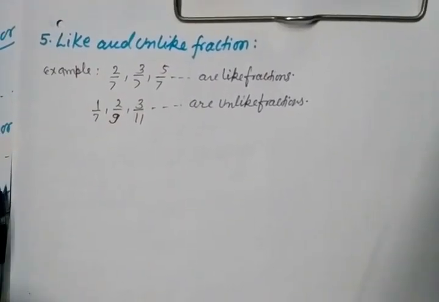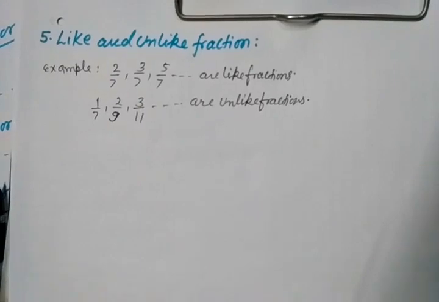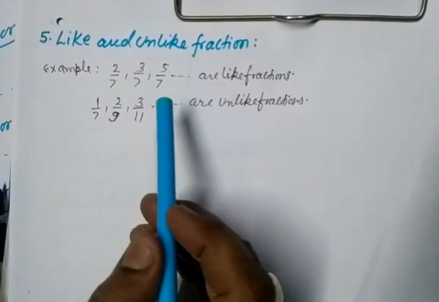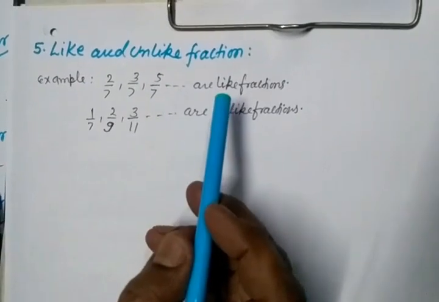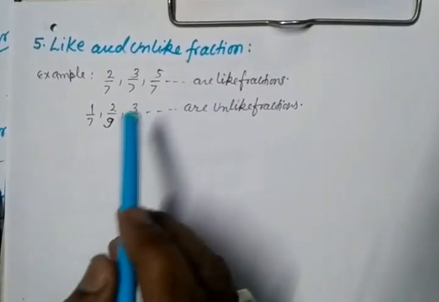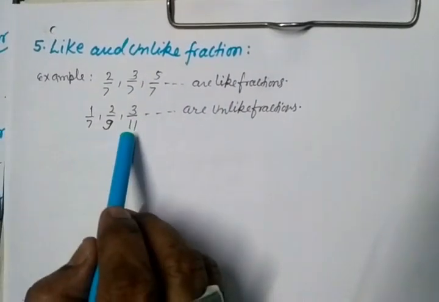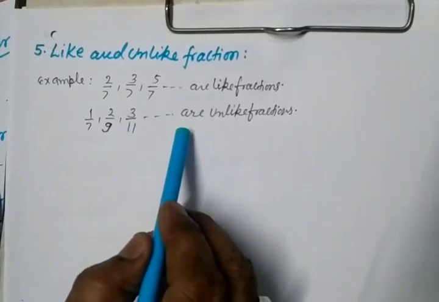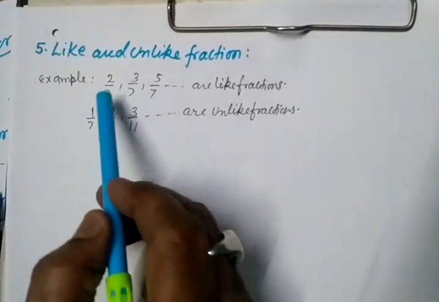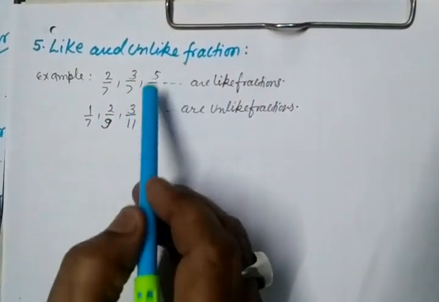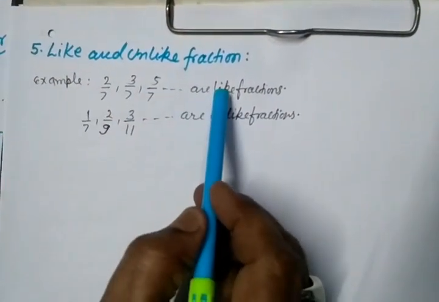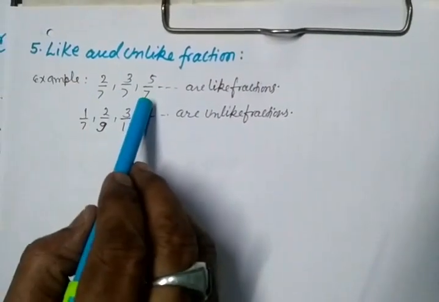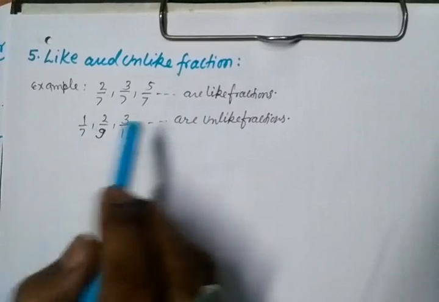Like and unlike fractions. Fractions with the same denominator are called like fractions and fractions with different denominators are called unlike fractions. Example, 2 by 7, 3 by 7, 5 by 7 are like fractions because their denominators are the same, that is 7.